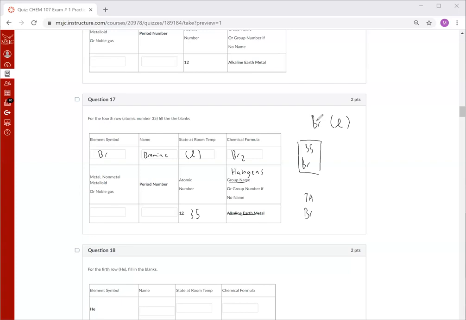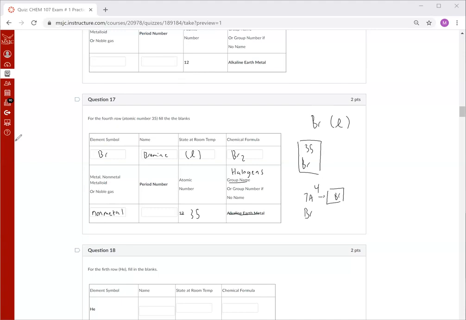So is bromine a metal, non-metal, metalloid, or noble gas? Non-metal. Yep, exactly right. It's a non-metal. Its period number. So looking at the row that bromine is found in, what row is bromine found? 4.